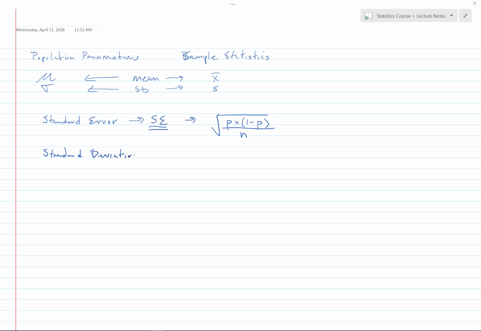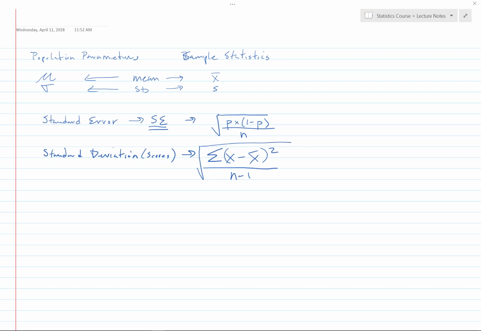Now, the confusing part is the following. The standard deviation of a set of scores, you all know that. Let me write down the scores here. That is given by the sum of x minus x bar squared over n minus 1, and we take the square root of that, okay?